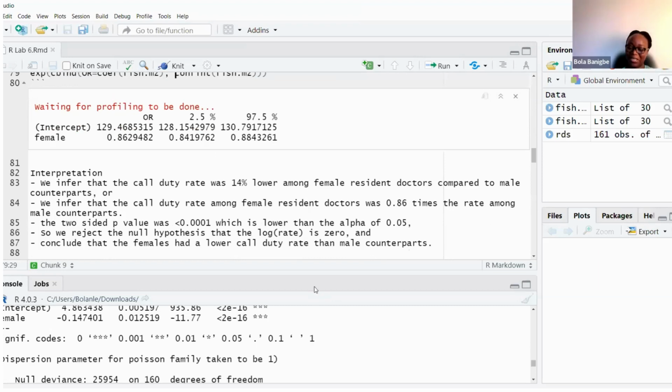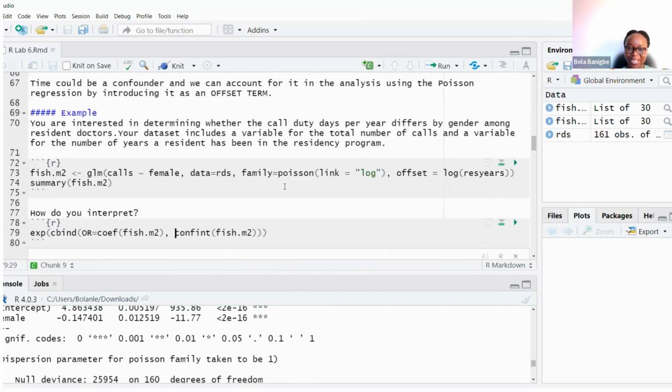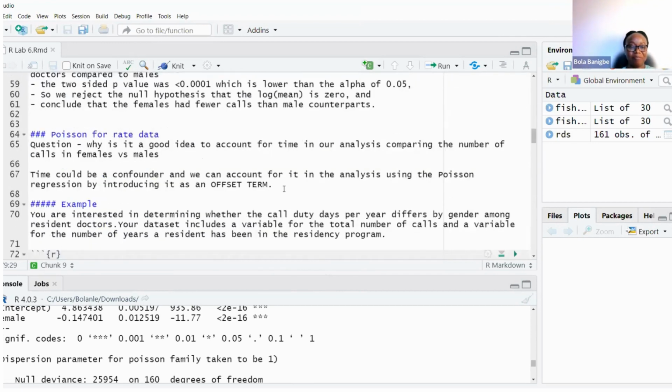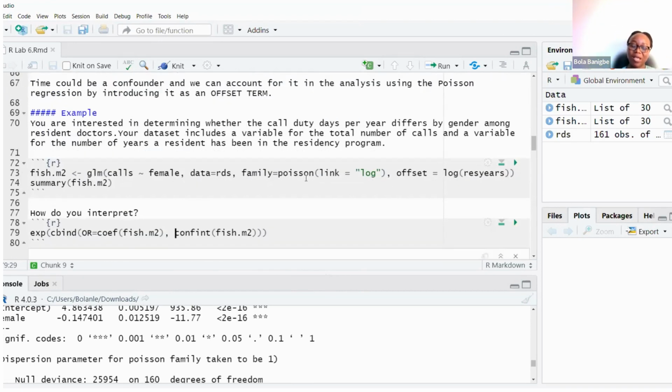Okay, so the offset term is not the same thing as another predictor variable. Remember from many weeks ago, when we had multiple linear regression or multiple logistic regression, we would use plus, it would have been female plus maybe another predictor variable, right?